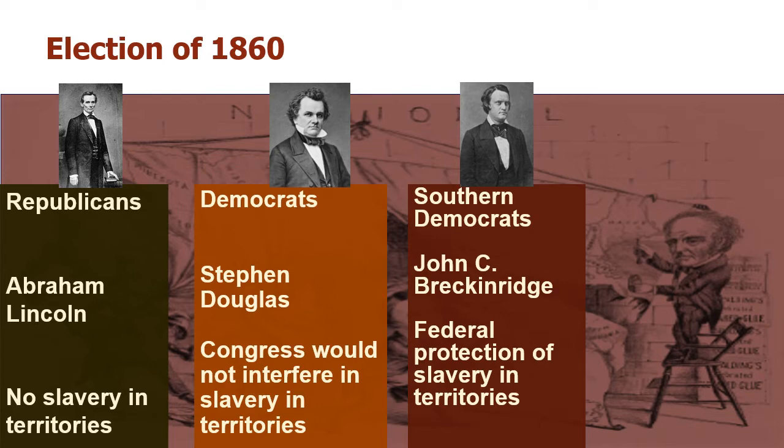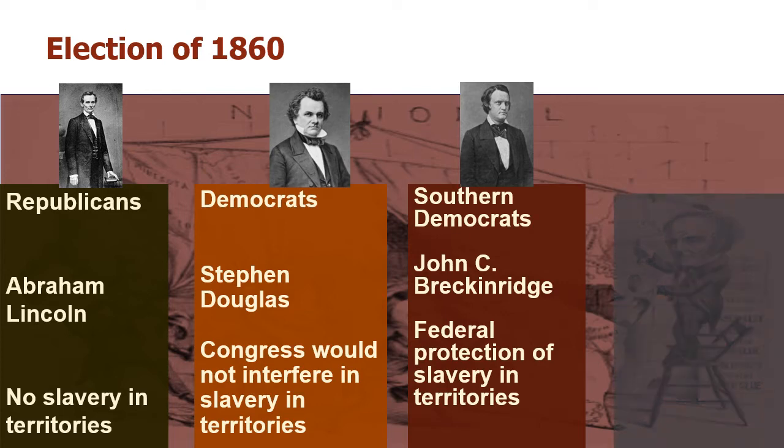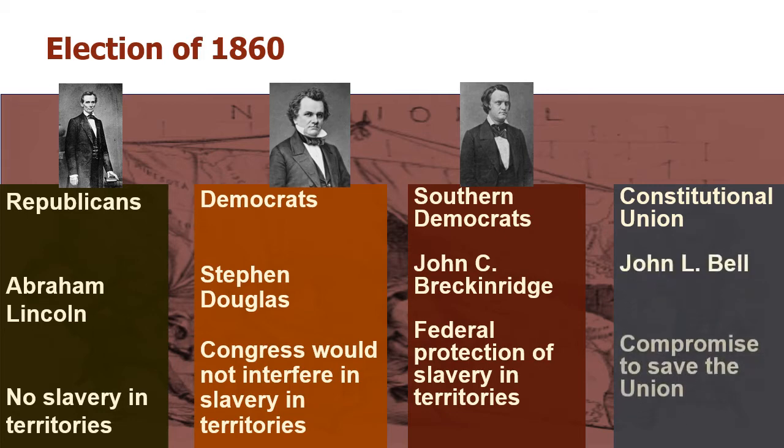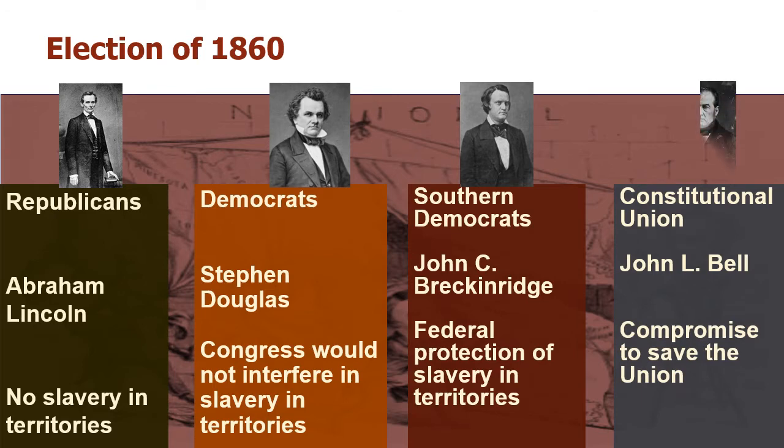Our last candidate, because I said there were four, is a man named John L. Bell, who stands for the Constitutional Union Party. And I like to call them the Can't We All Just Get Along Party. And he does not also look like a fun kind of guy.